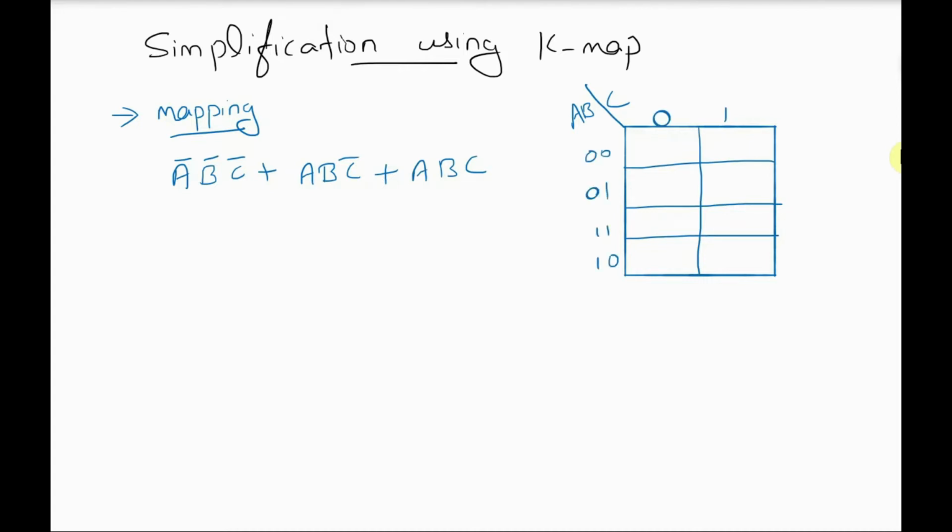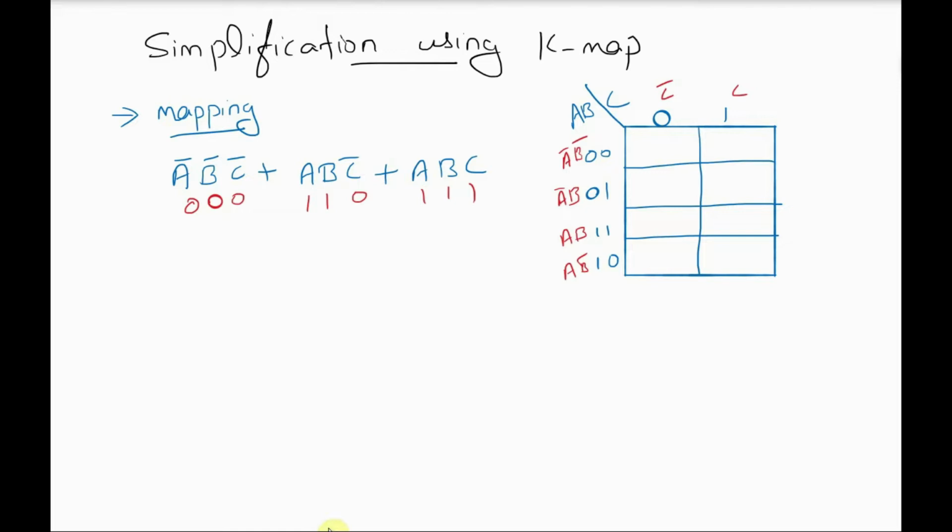A bar, b bar, c bar means it is 0, 0, 0. This is 1, 1, 0 and this is 1, 1, 1. You can also write here a bar, b bar, a bar, b, ab and ab bar. Here this is c bar and c.